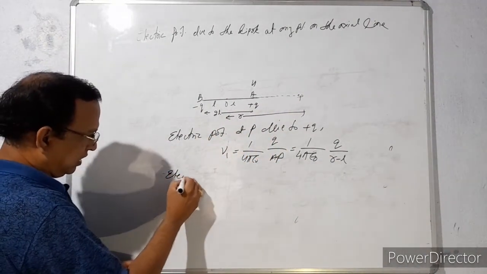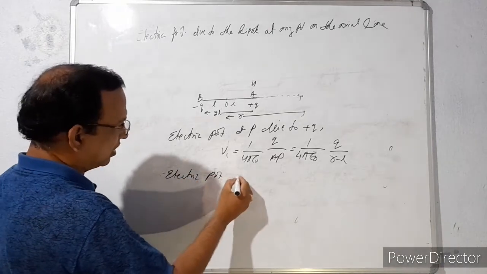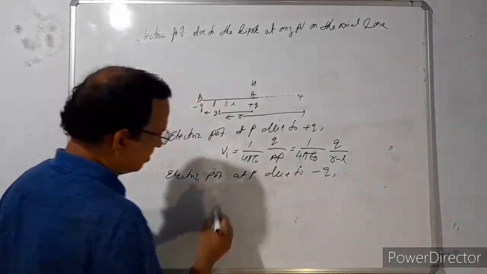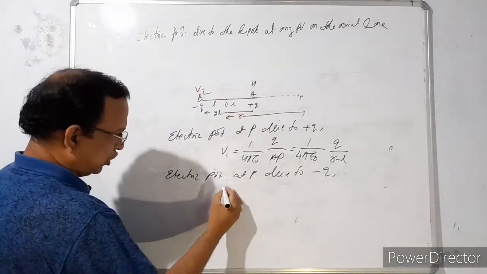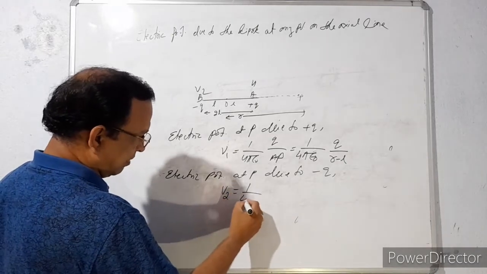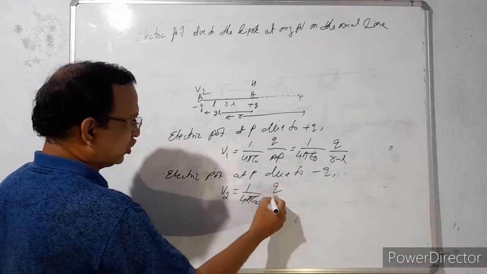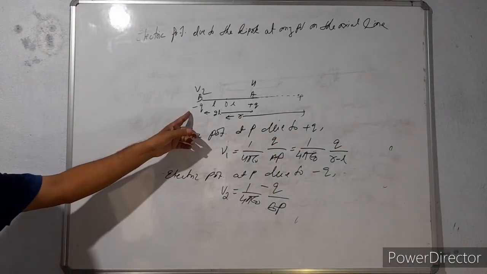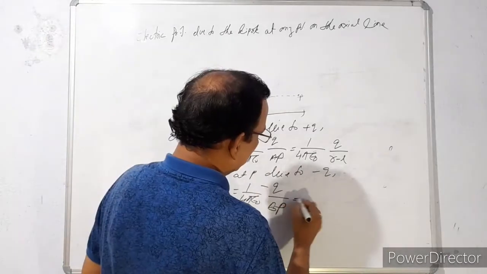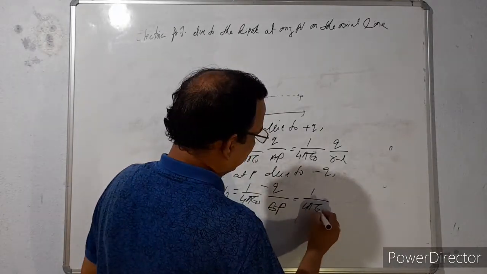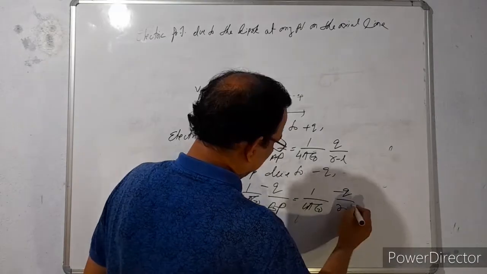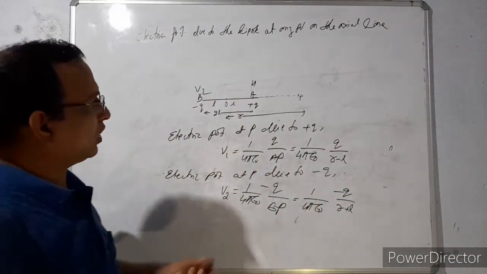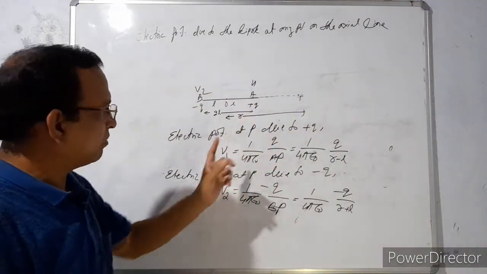Now, electric potential at P due to the minus Q charge, that is V2. So V2 is equal to 1 by 4 pi epsilon naught times minus Q by BP, that is equal to 1 by 4 pi epsilon naught minus Q by R plus L. Okay. So what is the total electric potential at P due to the dipole? V1 plus V2.